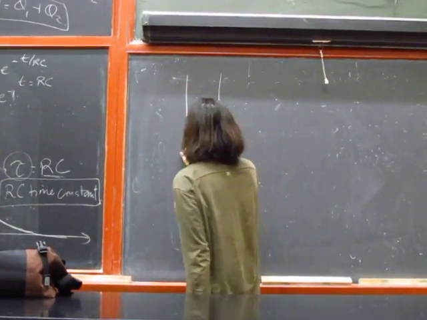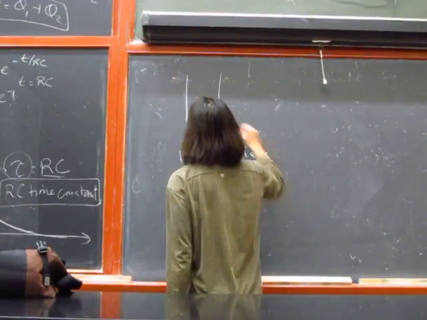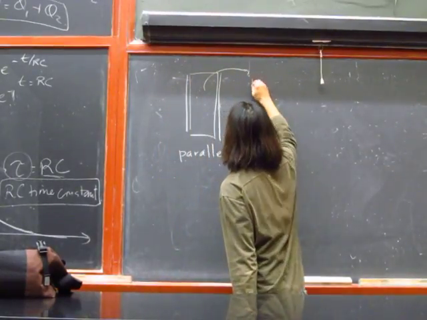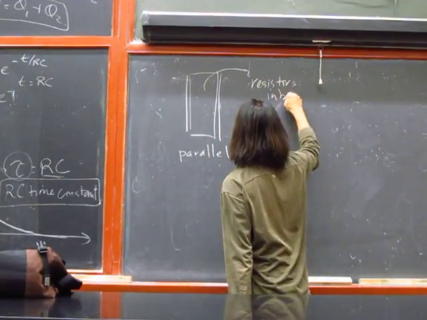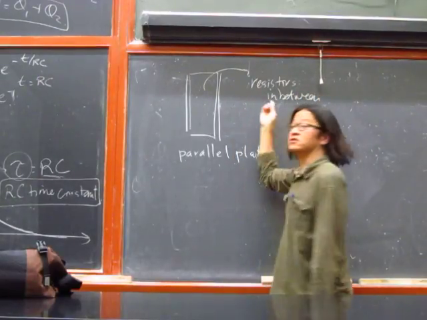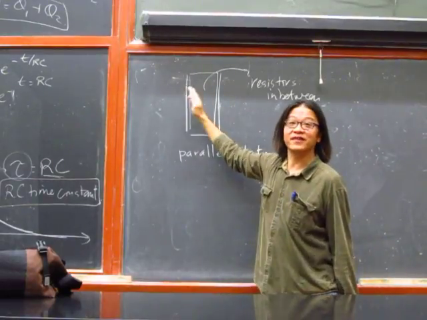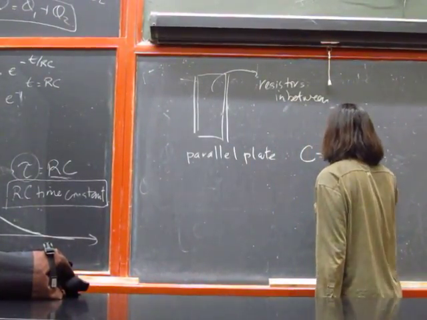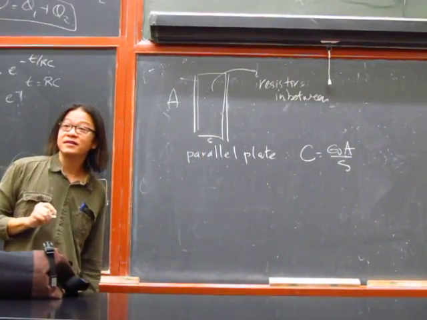In parallel plates, if I have a resistive material in between, a resistor in between, so this is in our discussion when I have a solution of ions. The capacitance of a parallel plate is given by epsilon naught A over S, where A is the area, S is the separation, okay?